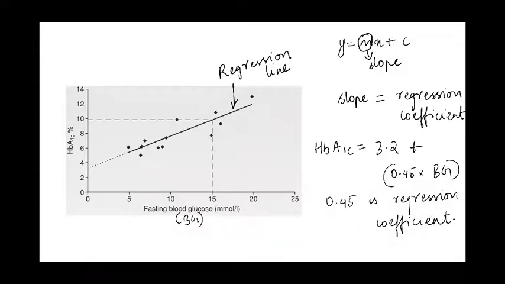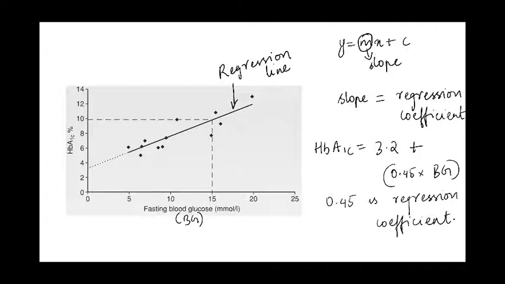So here we see these are data points which correspond with HbA1c and fasting blood glucose. So this is a scatter plot. We see various data points. Now through all of this data, a line is drawn. This is called a regression line. Now we know the equation of a straight line in a graph is y equal to mx plus c.